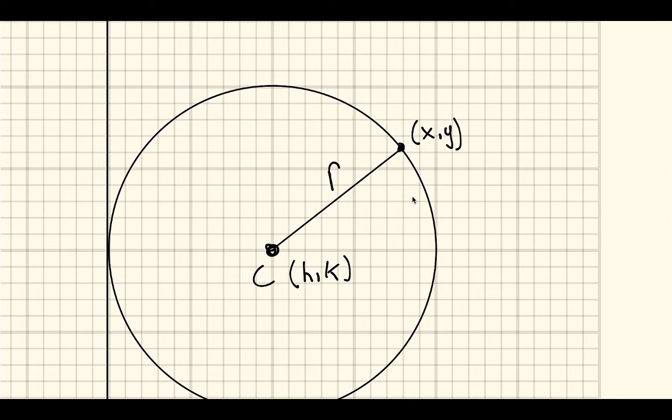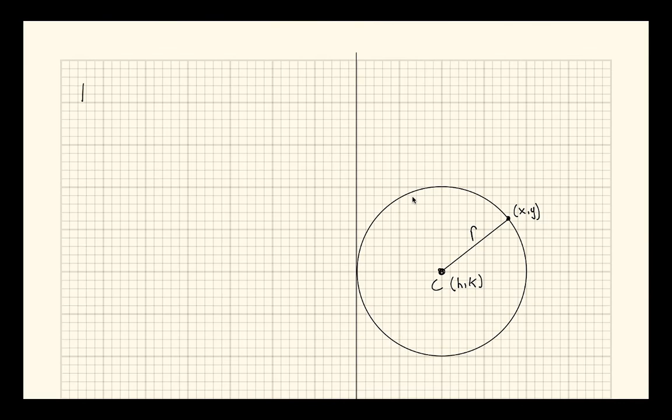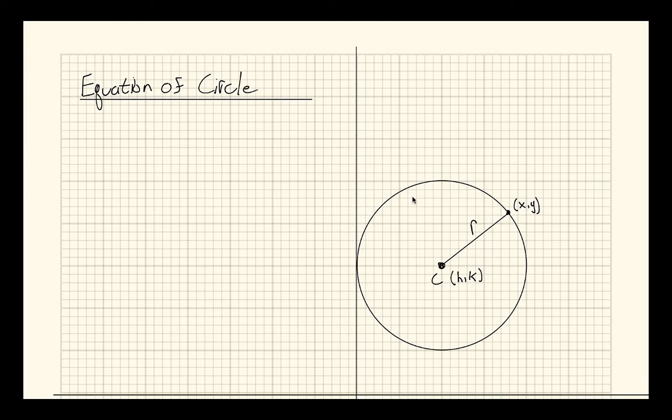Now the equation of my circle is going to look like this: x minus h squared plus y minus k squared is equal to the radius squared. This is my algebraic equation for circles.